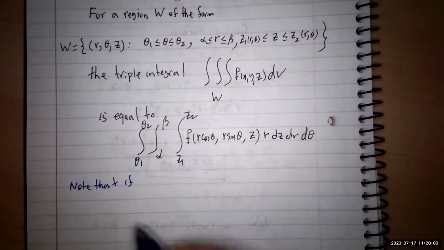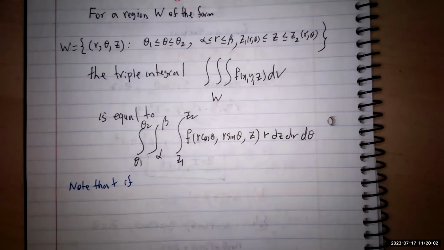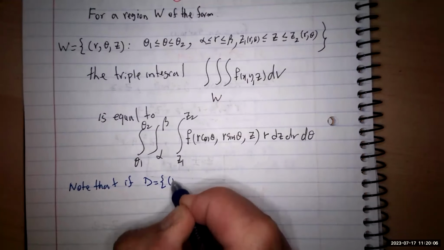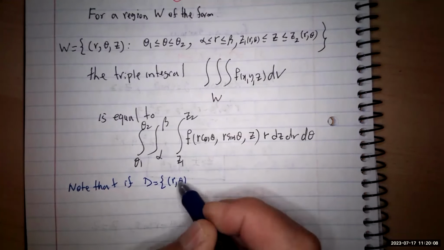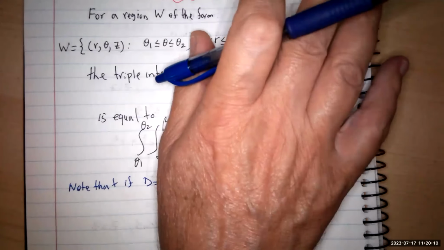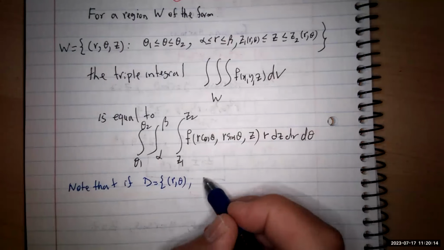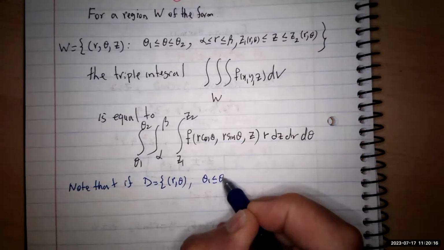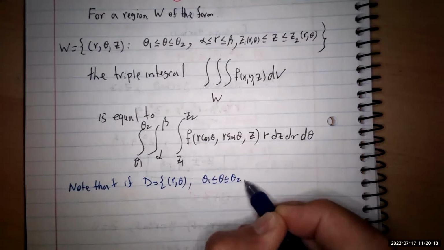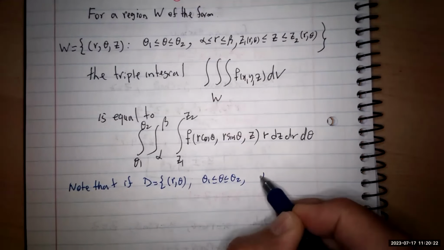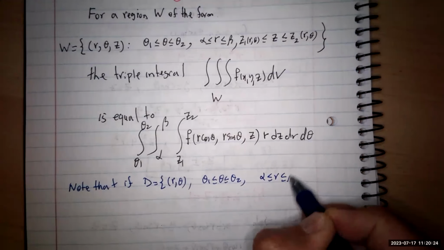I just break it down, or drop it down, into two dimensions. If D is going to be equal to, in polar form, r and theta, this means theta is between theta 1 and theta 2, and r is going to be between alpha and beta.